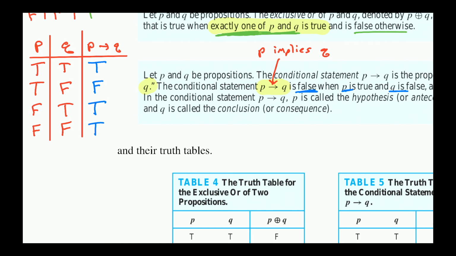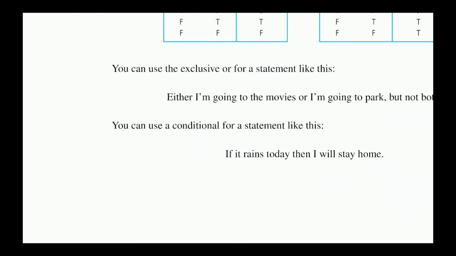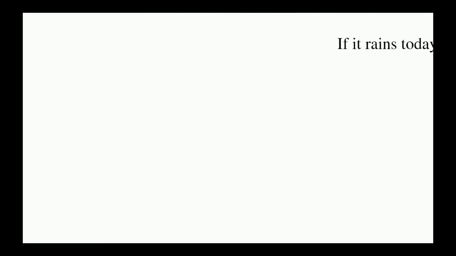Now, why is that the case? The reason that the truth table is like this is... I'm going to write some words down here. I'm going to try to explain why the truth table is the way it is.